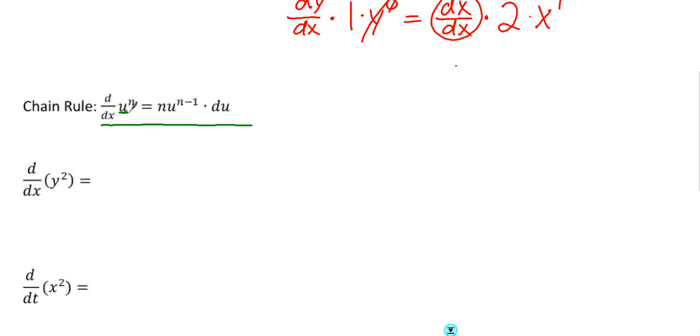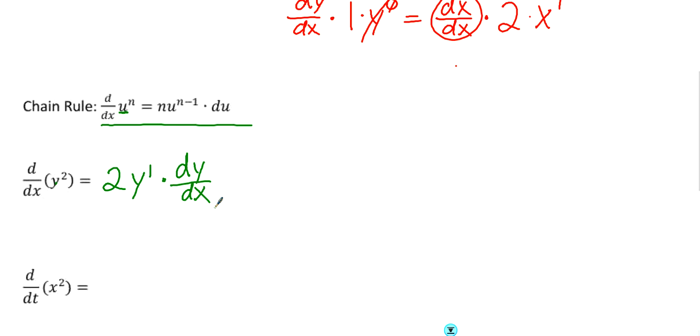So following that, if I'm taking the derivative of y squared, I move the 2 out in front, subtract 1 from the power, times the derivative of y. The derivative of y with respect to x is dy over dx. So that is what we're talking about when we talk about implicit.